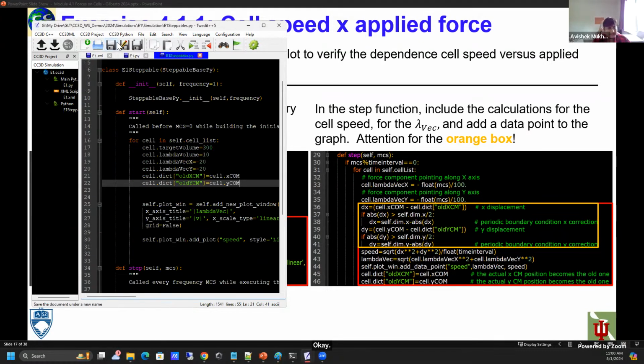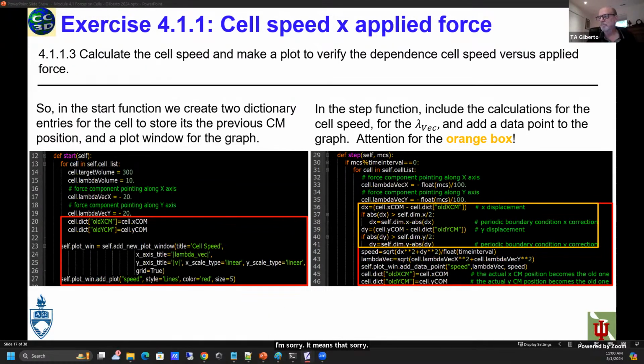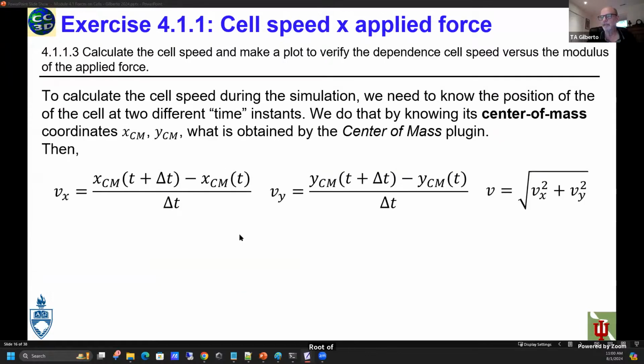Okay. So in the next part of the code, I am calculating the speed and the lambda vector. See, here, the speed is calculated as the square root of dx squared plus dy squared over the time interval, which is, remember, this expression here.